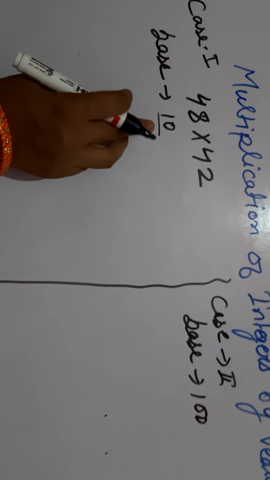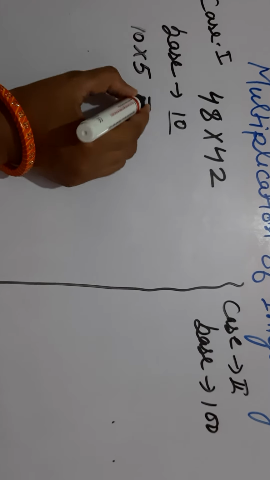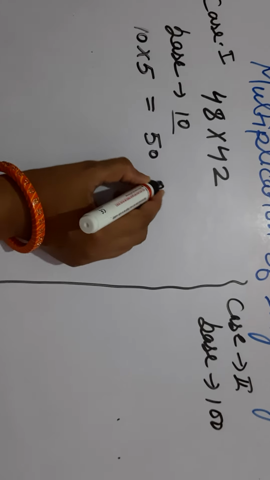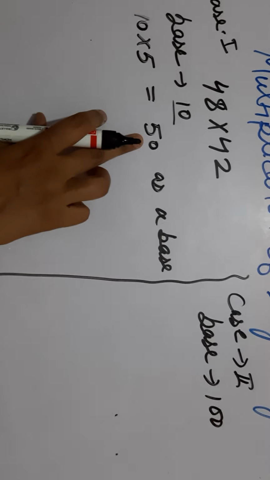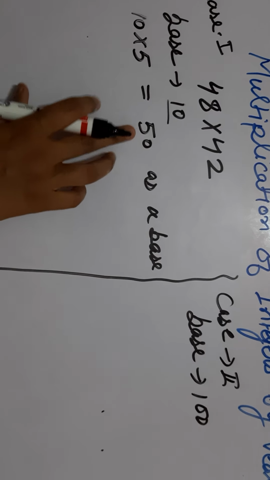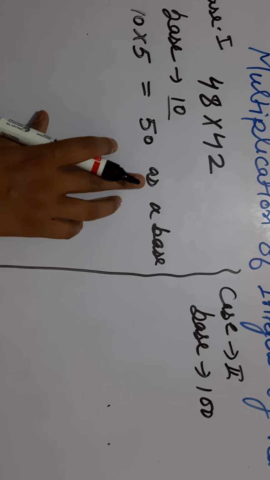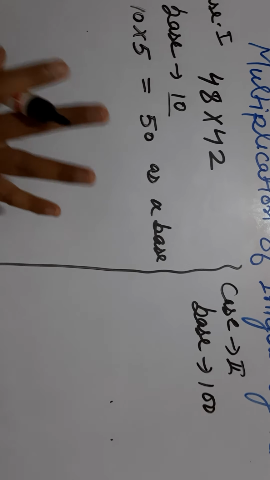If I multiply this 10 base value by 5, we get 50 as a base. This is not the actual base because it is not a power of 10. So we take 50 as a base. Further, you have to see what happened.